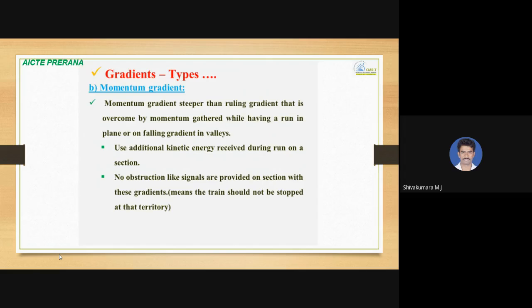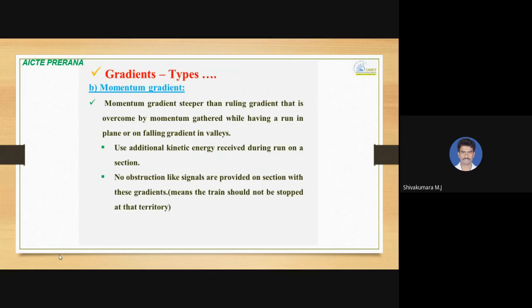And the next type of gradient is the momentum gradient. Momentum gradient is steeper than the ruling gradient. So that is overcome by momentum which is gathered while having a run in the plain or on a falling gradient. So here a falling gradient, a rising gradient which is followed by a falling gradient.